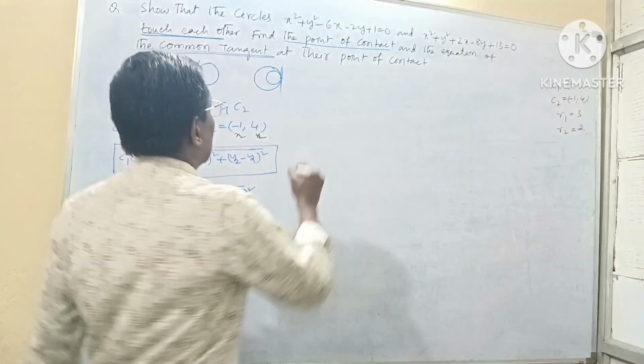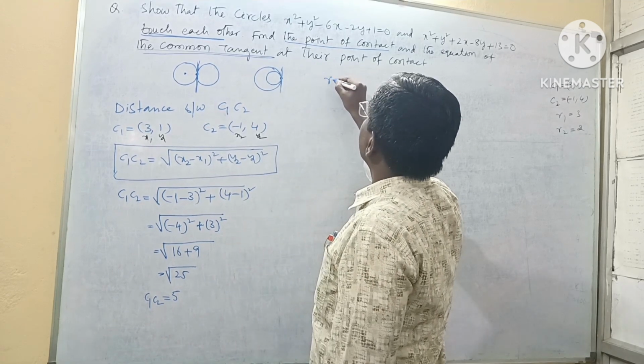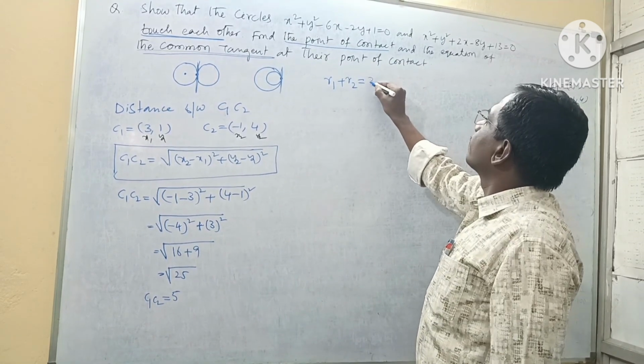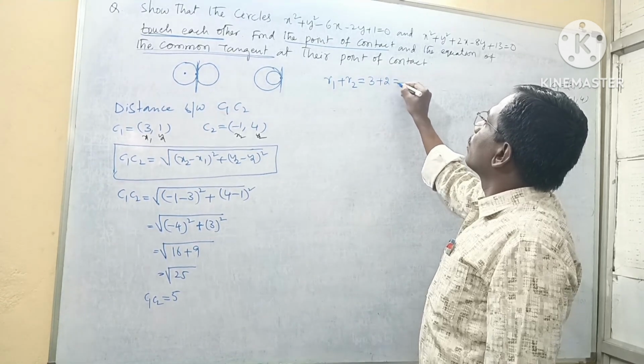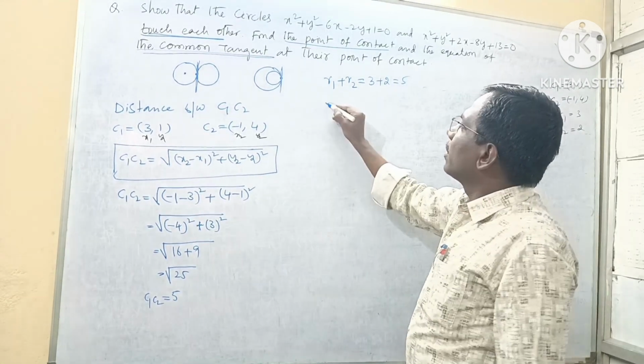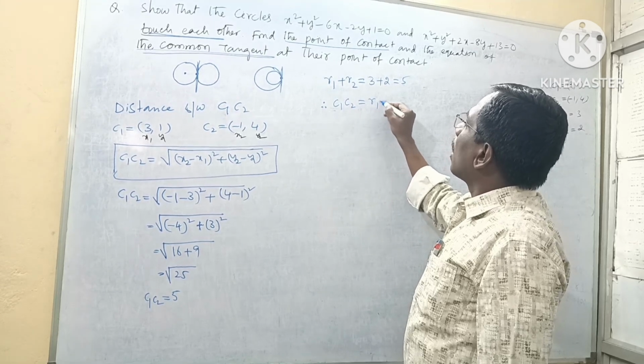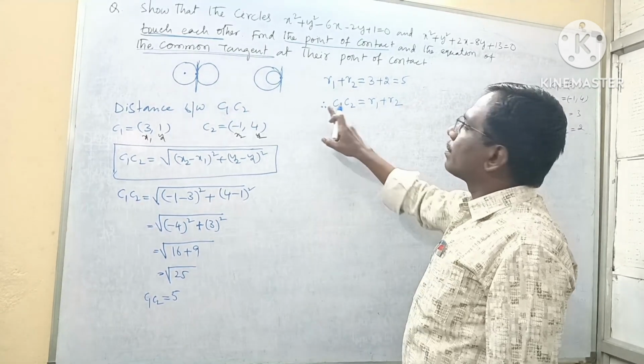And next find R1 plus R2. R1 is 3, R2 is 2, so the sum is equal to 5. Therefore, C1C2 is equal to R1 plus R2.